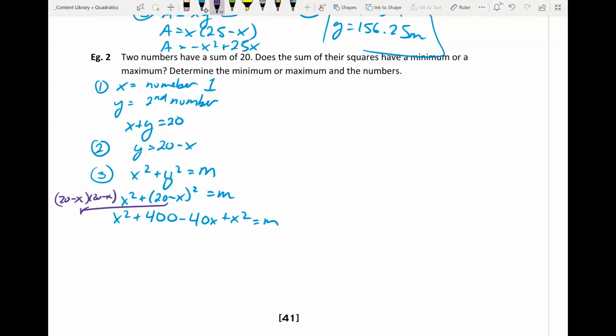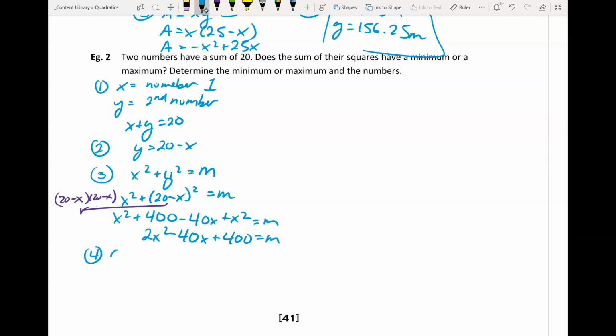Then I have 20 times negative x, another 20 times negative x, added together is negative 40x, and then negative x times negative x is positive x squared. Now I'm going to combine my like terms, so this will be 2x squared minus 40x plus 400.